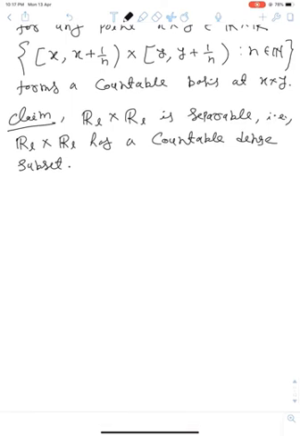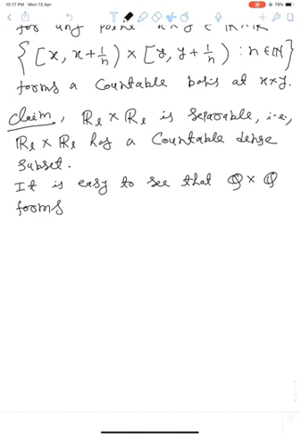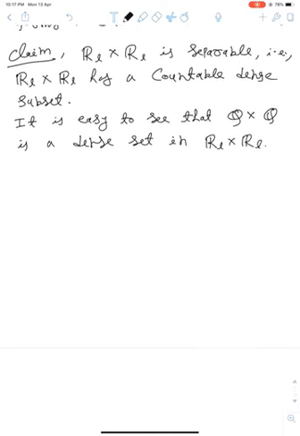It is easy to see that the set Q cross Q is a dense set in RL cross RL. Why? So this proof is also simple, right?